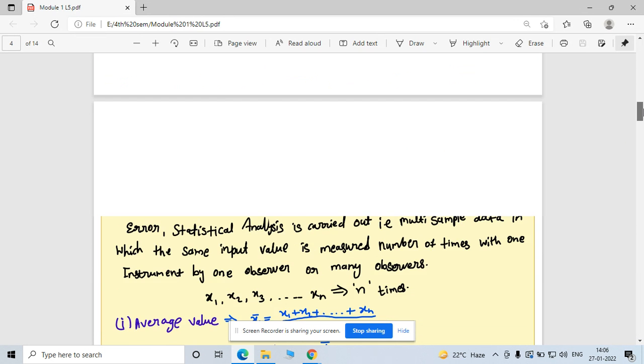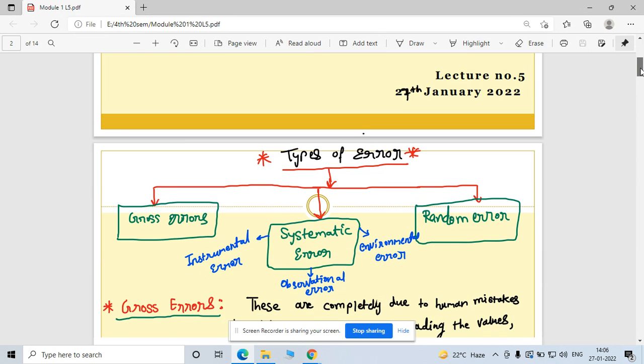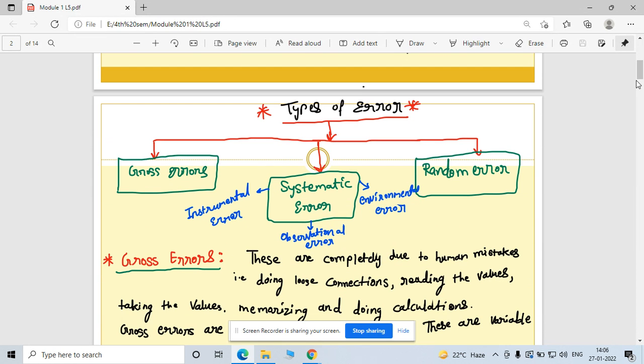Now, when I talk about the types of error, the whole error is divided into three categories. First is gross error, second is systematic error, third is random error. Systematic error is also divided into three categories.